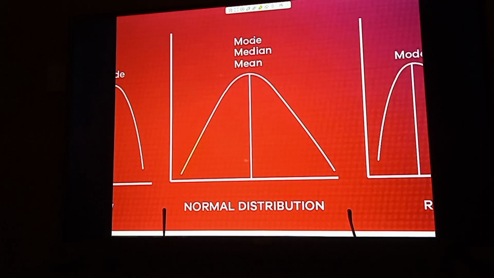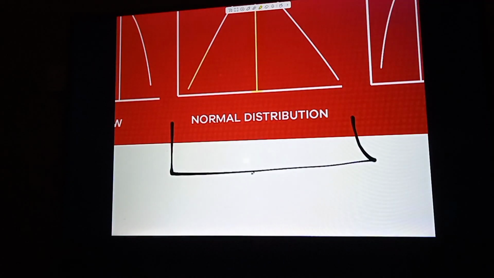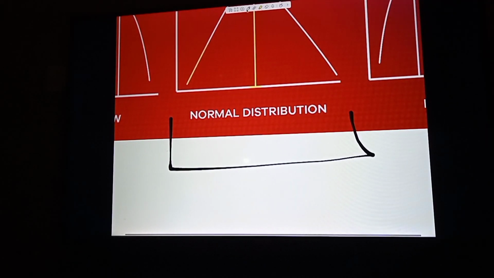All 3, that is mean, median and mode, fall exactly at the center of the curve. We can write here that in this case mean is equal to median is equal to mode.